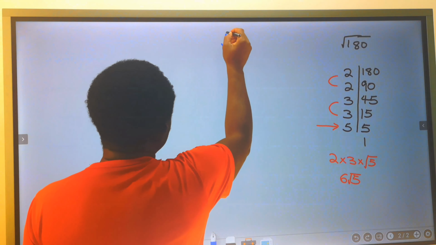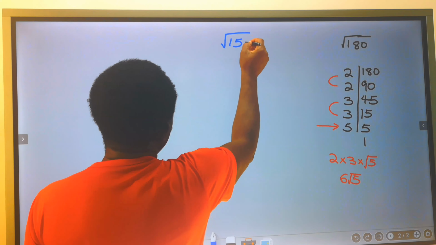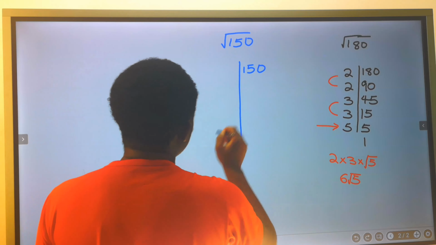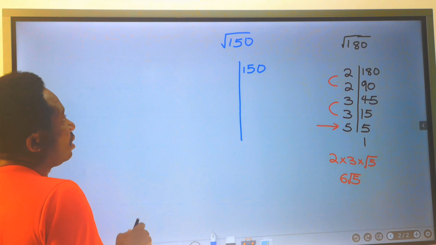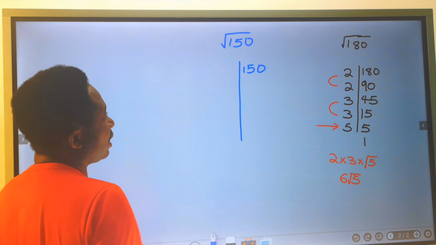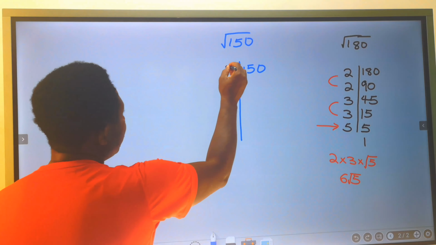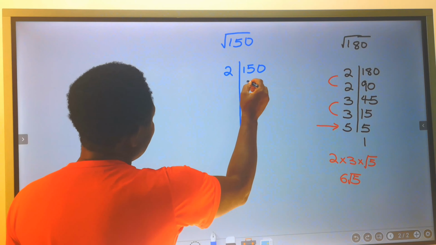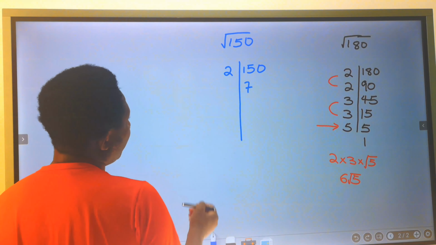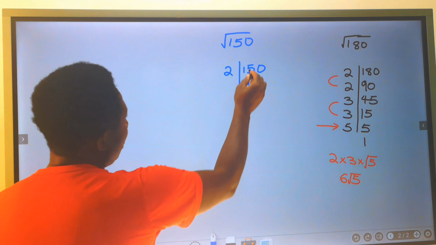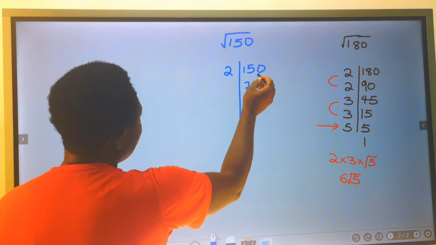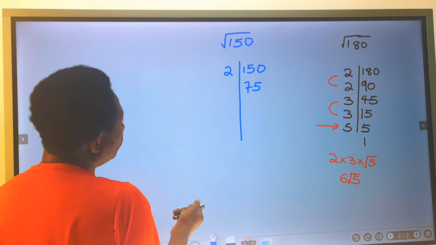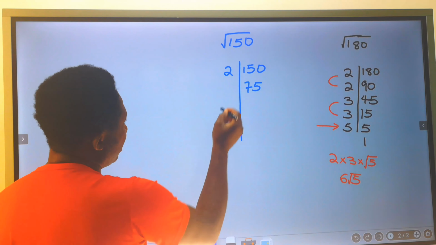Next, for the square root of 150, we are going to write down 150 and consider all the factors that will go into 150 without a remainder. We start with 2. 2 into 15 will give you 7. Remainder 1. We'll put the 1 here. 2 into 10 is 5. 2 cannot go into 75 without a remainder.